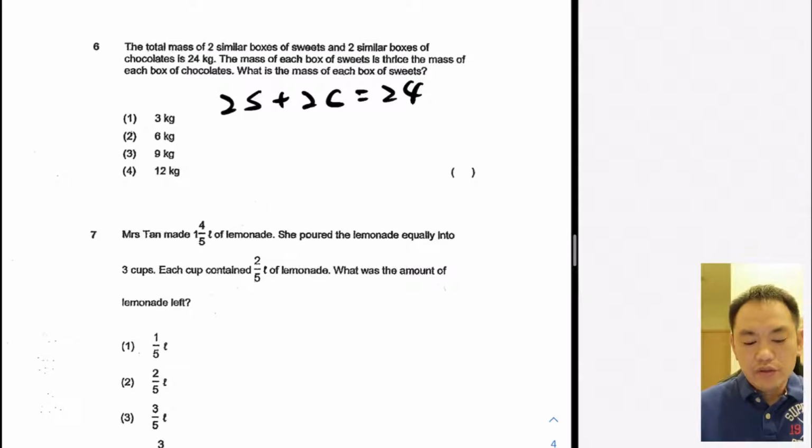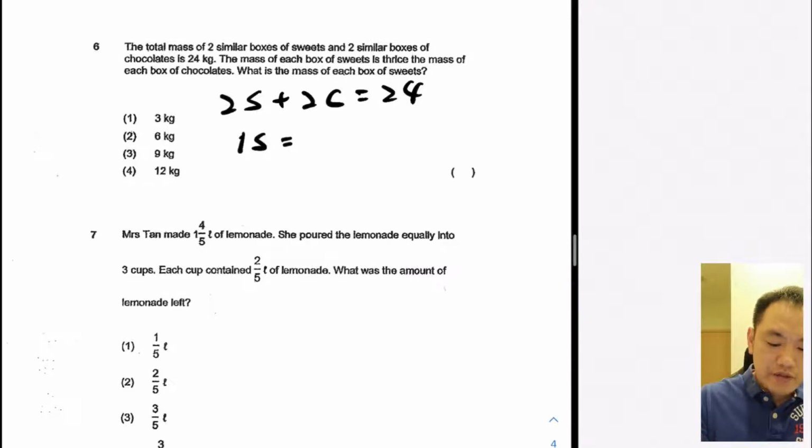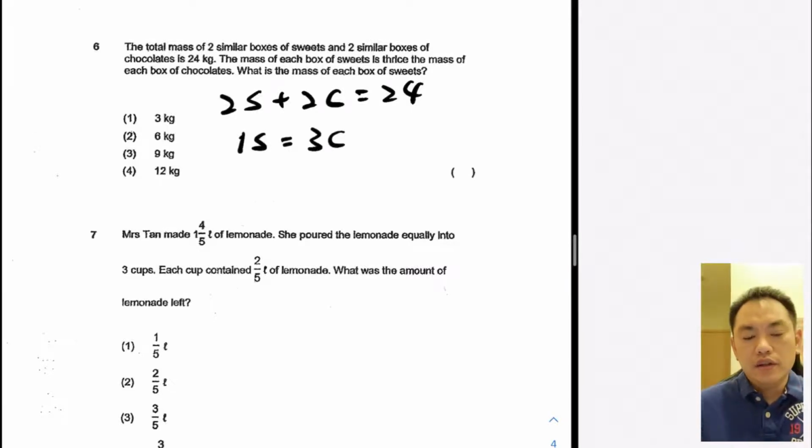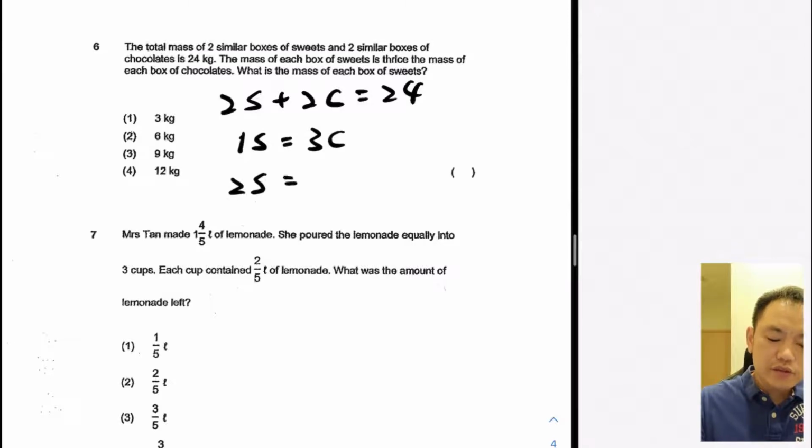And then he also tells you 1 box of sweets equals 3 bags of chocolate. So one sweet equals 3 chocolates. So you can also figure out 2 sweets equal 6 chocolates, right?